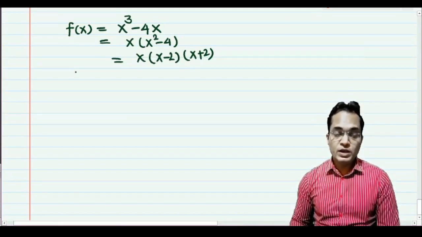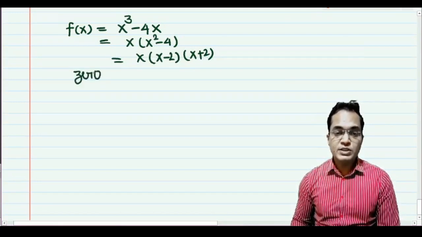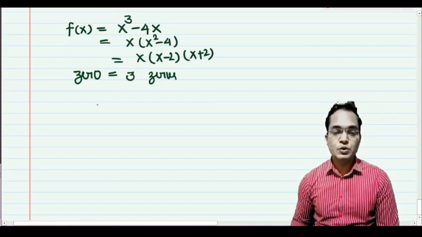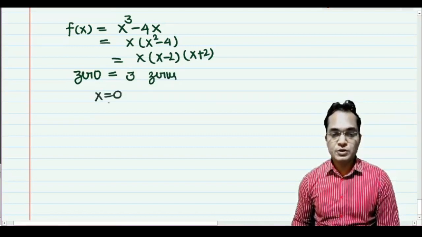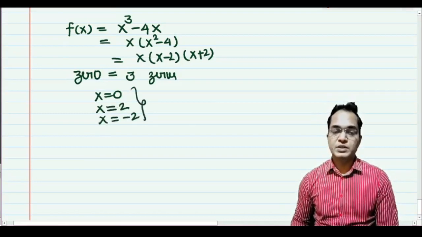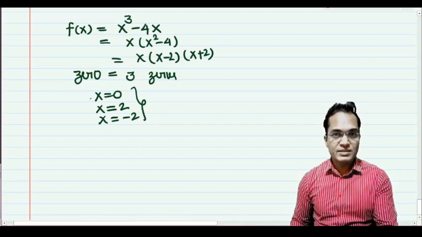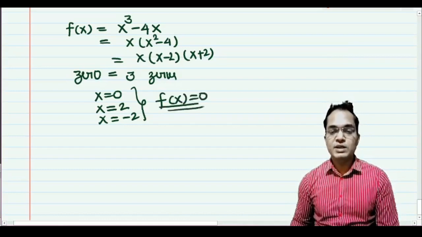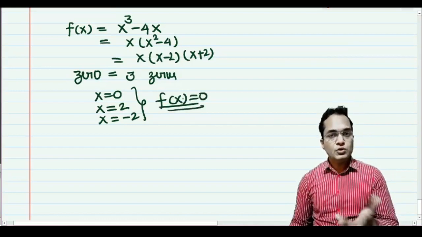A cubic equation has how many zeros? 3 zeros. And what are the zeros? They are x equals 0, x equals 2 and x equals minus 2. These are the zeros, meaning at these points f(x) will be 0. That's why they are called the zeros.